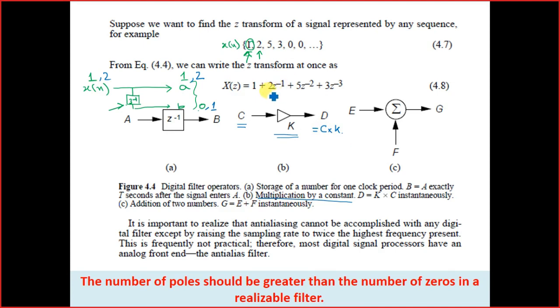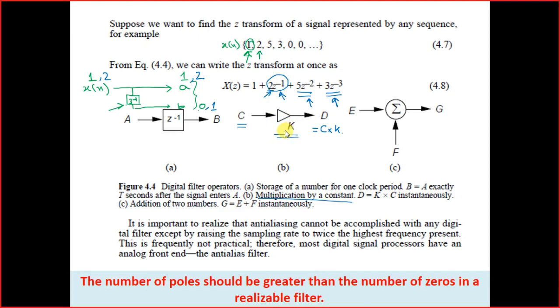If you see over here, apart from delay we are having a multiplier. Here also apart from delay we have a multiplier. So this multiplication component is needed to implement the digital filters.